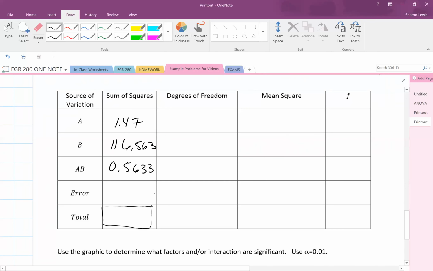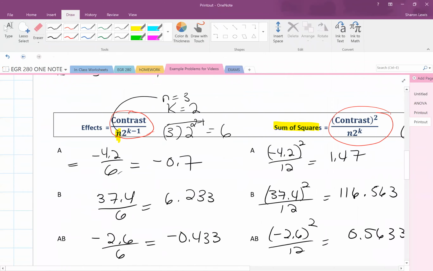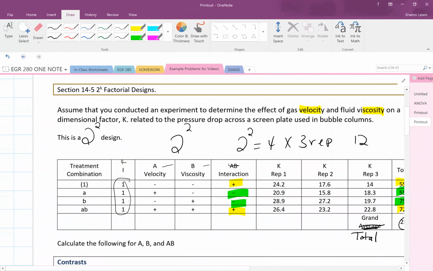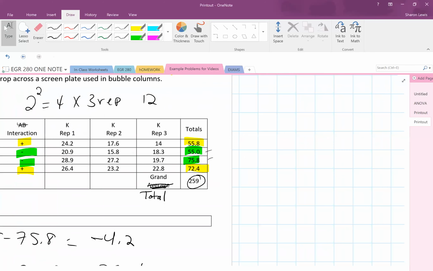All right, so we have one value that we still need to calculate, and that's this total. The formula for that is that tedious one where we take and square each of those values, and then from that we subtract the grand total squared divided by the number of data points, so 12.